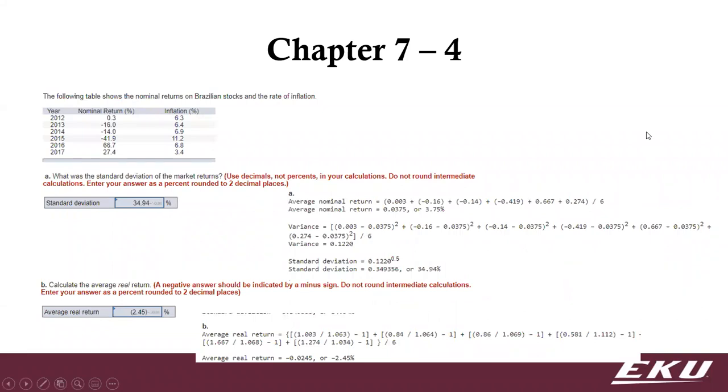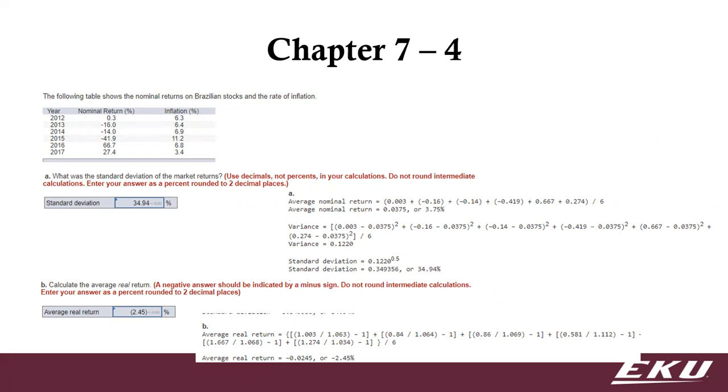Okay, and then in this one, again, we're going to calculate a real return. The idea being, we know inflation changes. We see this when they report, they'll say, oh, this month inflation is this, or whatever. In this problem, we're looking at it year over year, and inflation rates are changing over that year.